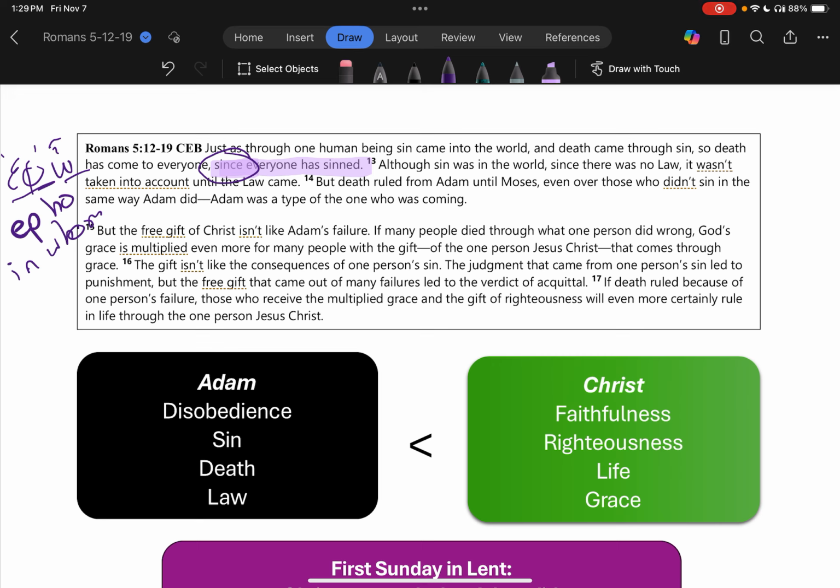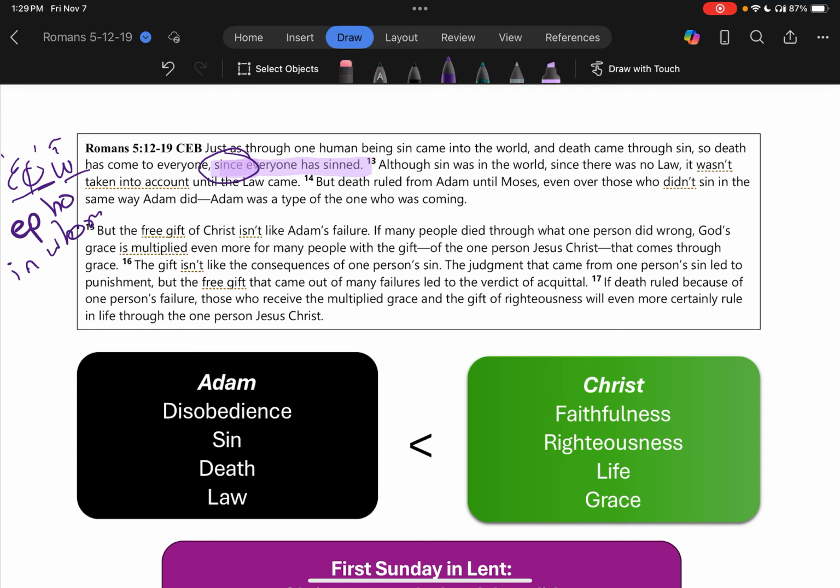Now, what Augustine didn't know is, because his first language was Latin, he was much more proficient in Latin and not terribly proficient in Greek, that when you put this eph' hō together, it can also mean "since" or "because," as we see here. That really changes the meaning of this verse, right?